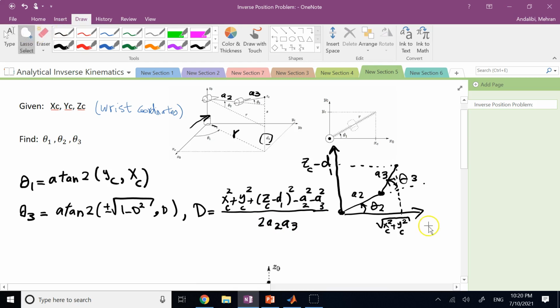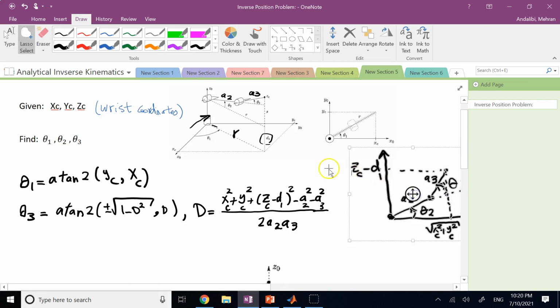And then you can also find your theta number 2 the same way that you did theta number 1 for the planar arm.